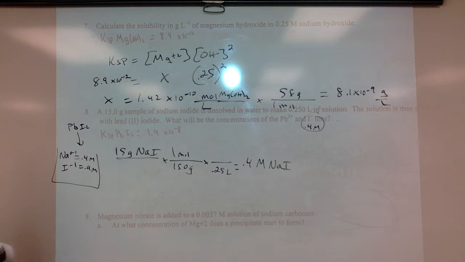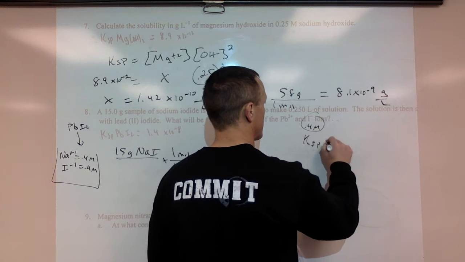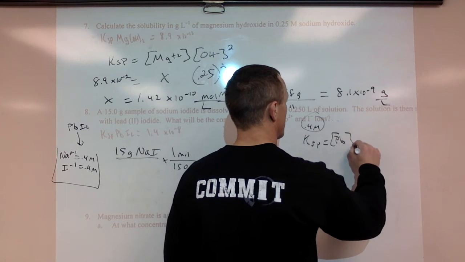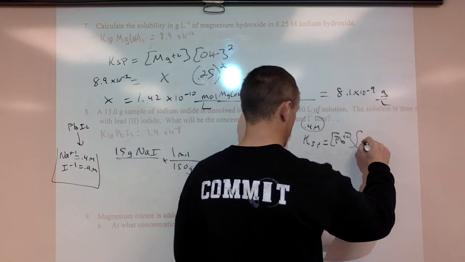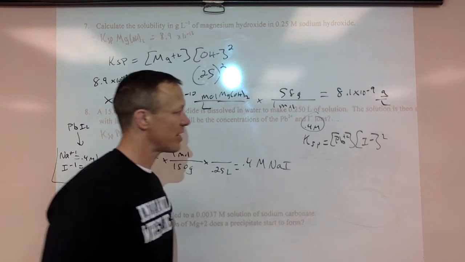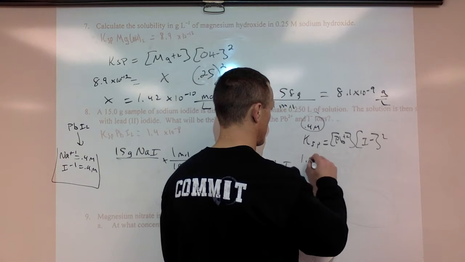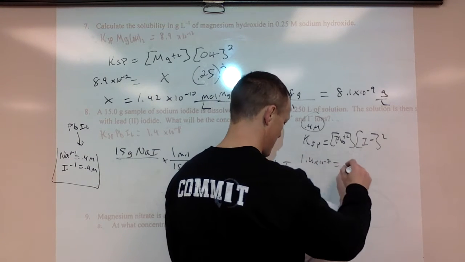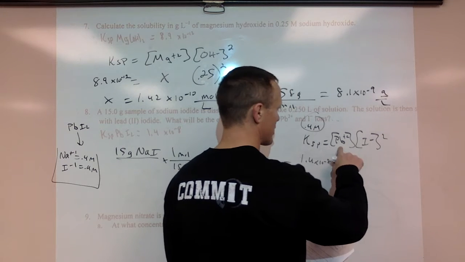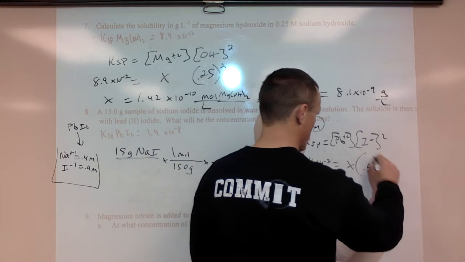So if we figure out the concentration of lead ions that could be in there, we say Ksp equals the Ksp expression, and the Ksp value, 1.4 times 10 to the negative 8, equals x for lead times the iodide concentration squared. How much lead can we put in there, since we already have 0.4 molar iodide?